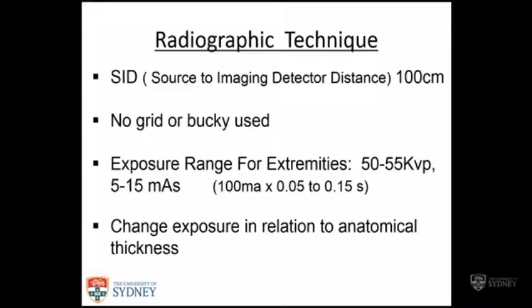Halfway. Makes sense, doesn't it? 50 and 55, so how about I go halfway for the oblique? And that's generally what you will do. You don't do that with a finger because the finger's round, but a wrist isn't round. Does that make sense? And of course we change exposure in relation to anatomical thickness.